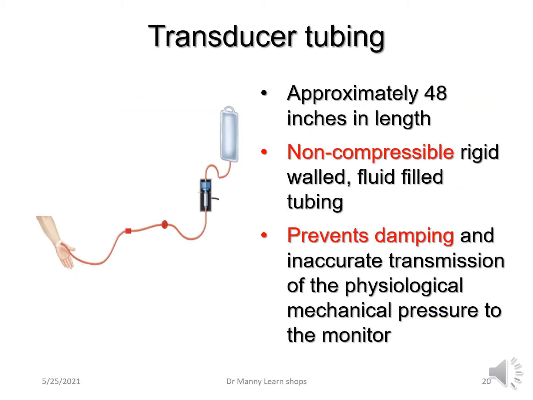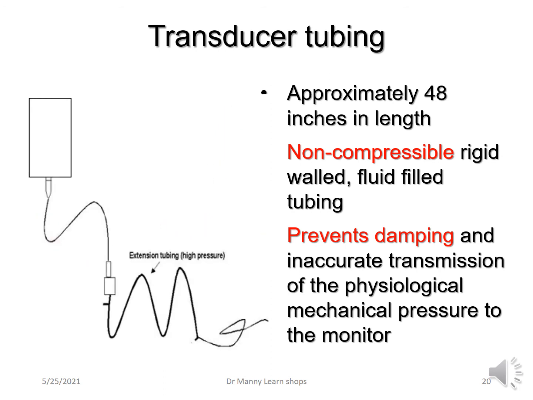Then you've got the transducer tubing, which is approximately 48 inches in length, and it consists of non-compressible, rigid-walled, fluid-filled tubing which prevents damping and inaccurate transmission of the physiological mechanical pressure to the monitor.